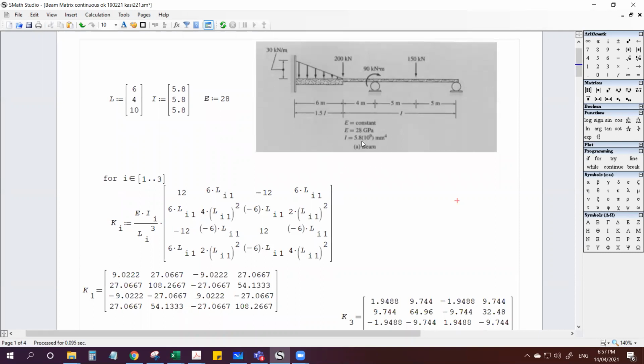Oh, by the way, K1 should be 1.5 I. So 5.8 times 1.5 is 8.7, so it should be 8.7.